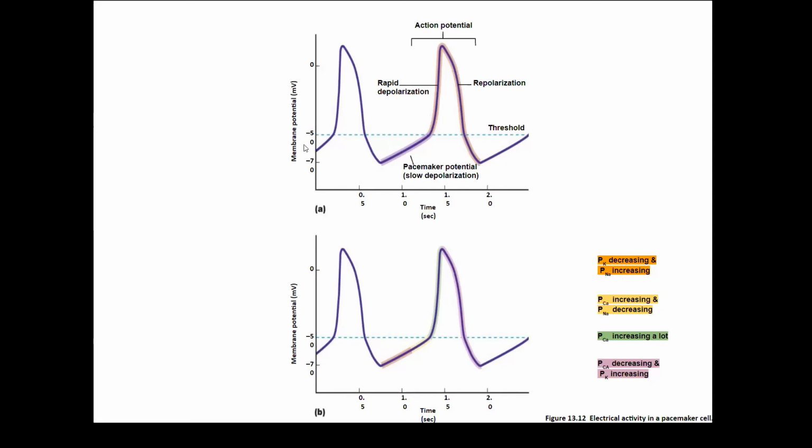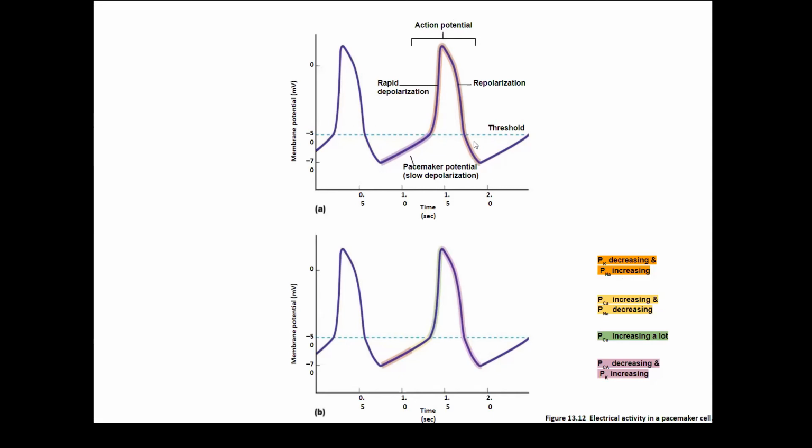So what we see happening here with our action potentials in our pacemaker cells, you see that we start off with a slow depolarization, here in kind of purple. Then we have a rapid depolarization causing a spike. That's our action potential. This peak, this rapid depolarization. And we repolarize and come back to our resting membrane potential.